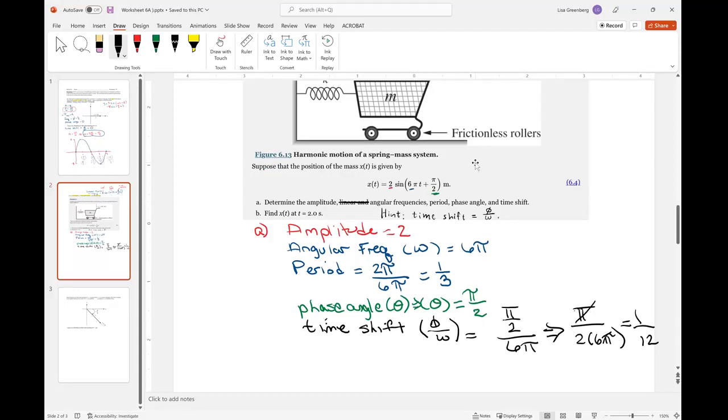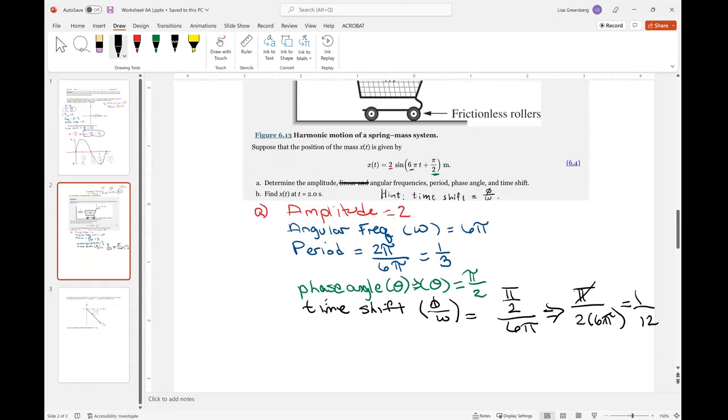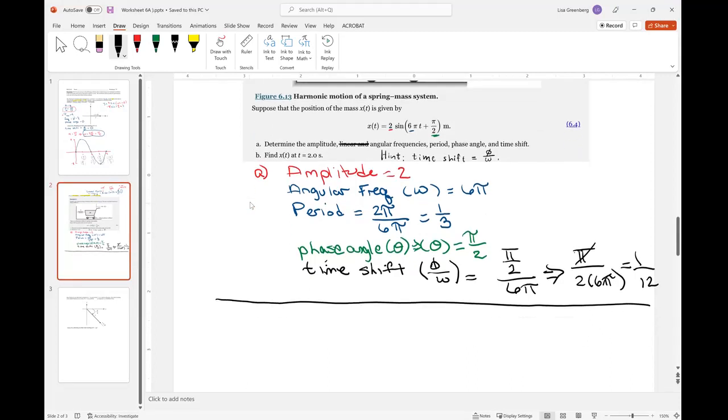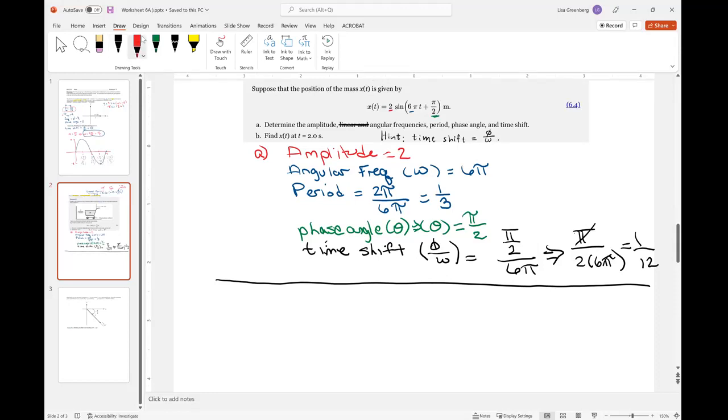Okay. Now, it says for B, let me do B. Okay, so B says find x of 2 seconds. Which is, this is x of t, so basically at t equals 2.